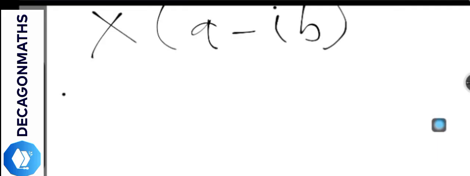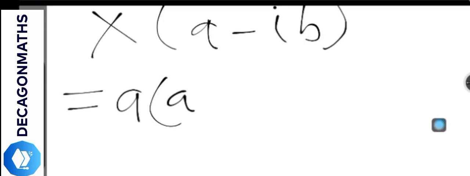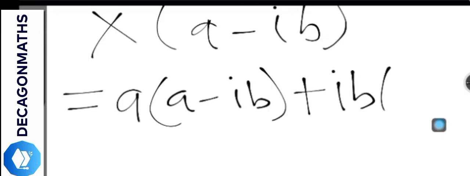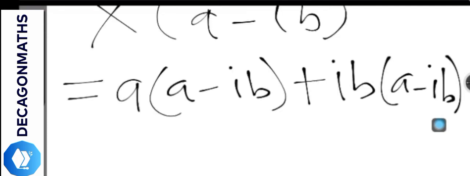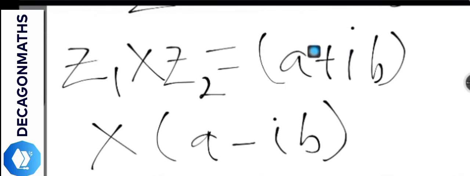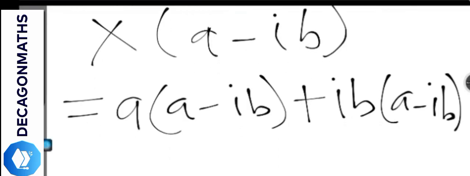So this equals a into bracket a minus ib, then plus ib into bracket a minus ib. Alright, so what we just did there is that a here multiplies all the a minus ib here, while ib here multiplies all the a minus ib here. So that's what we have done here, right?